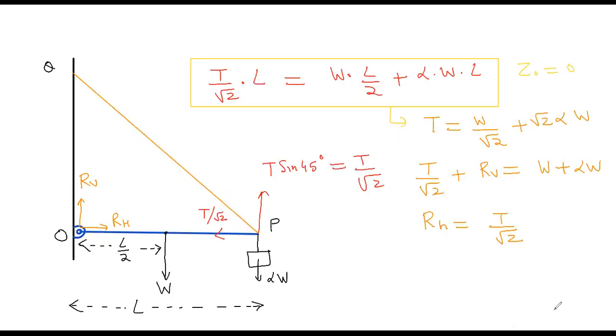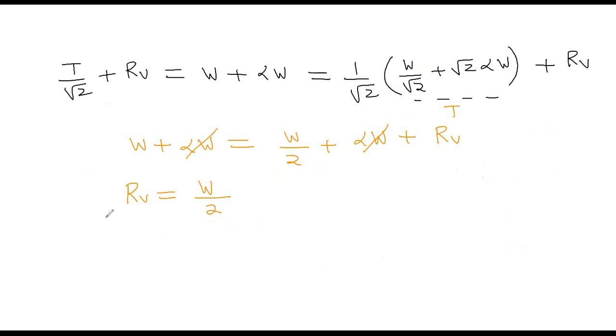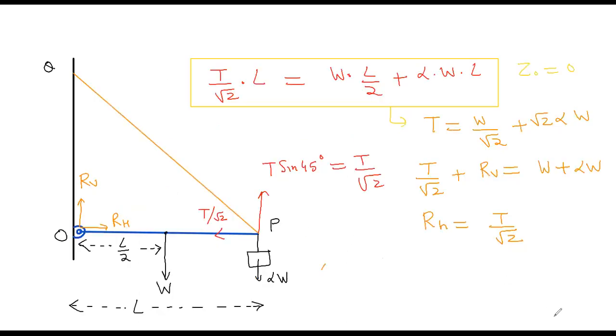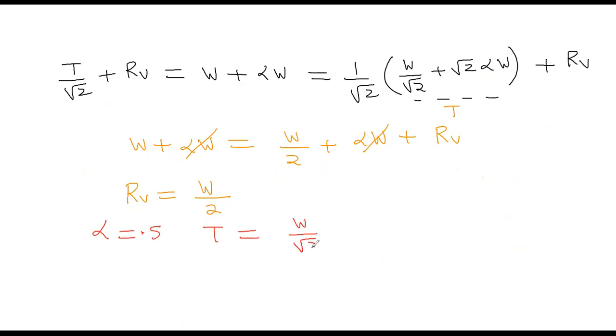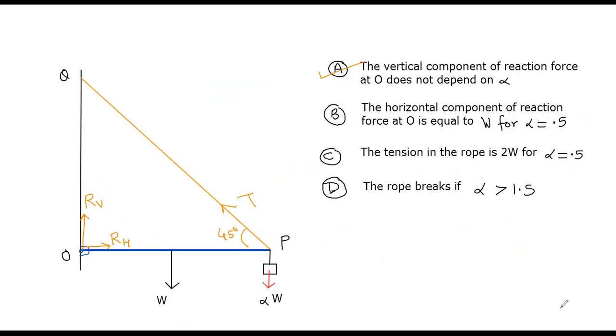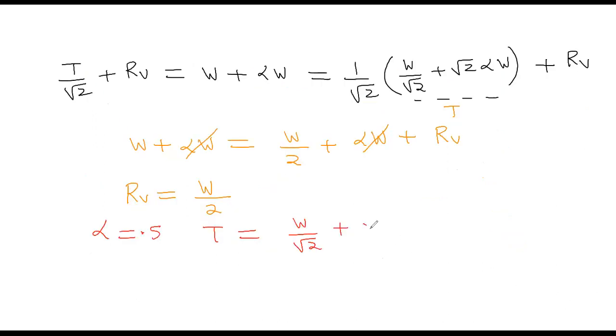Now, if alpha is 0.5, then tension will be W by root 2 plus root 2 alpha W. This will be W by root 2 plus W by root 2.